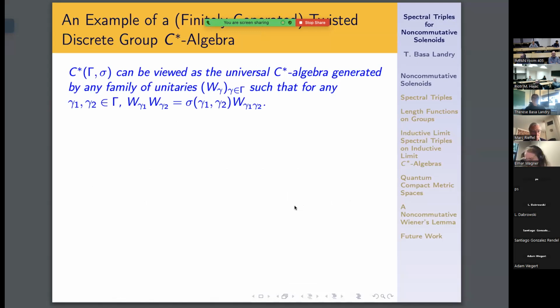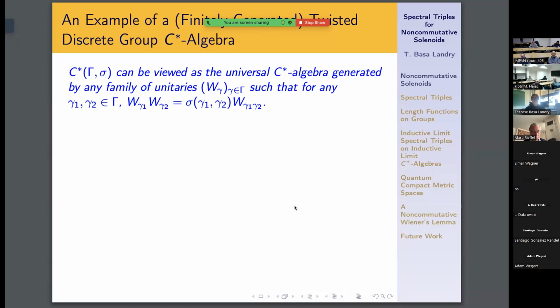I said that the underlying groups for the twisted group C-star algebra structure of non-commutative solenoids are not finitely generated. So here's an example of a finitely generated twisted discrete group C-star algebra. And as we'll see, the class of twisted group C-star algebras includes some very well understood examples in non-commutative geometry.